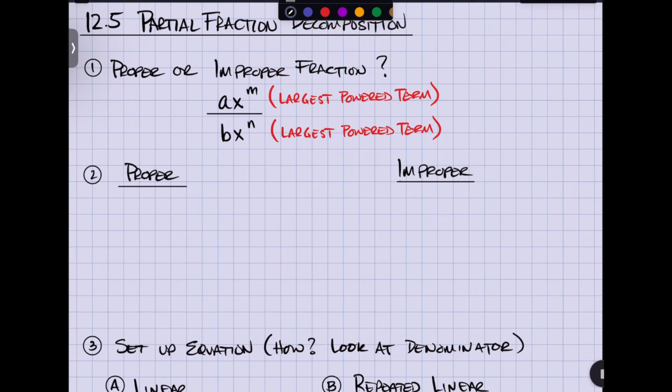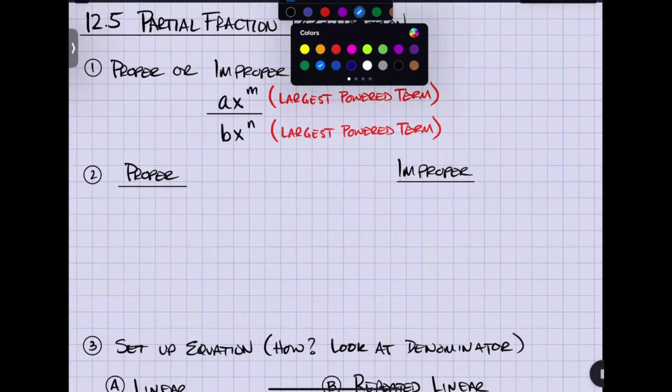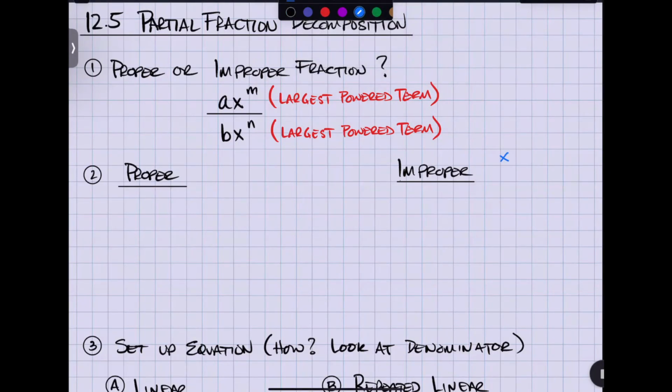So with that being said, an improper fraction is now going to be something like this. That would be improper, where the power on top is larger than the power on the bottom. Where proper would be something like this.